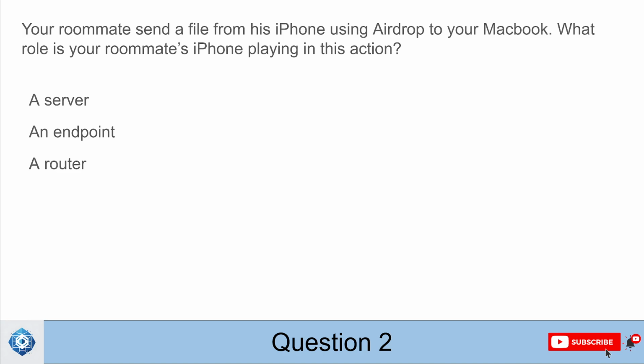So while it may be applicable to this question, it's not the best answer. So let's eliminate another option. So we're going to eliminate an endpoint. Again, this one could be a little bit tricky because an endpoint could be your roommate's iPhone. But in this specific example, your roommate is sending the file from his phone to your MacBook. So the endpoint is not the best option.